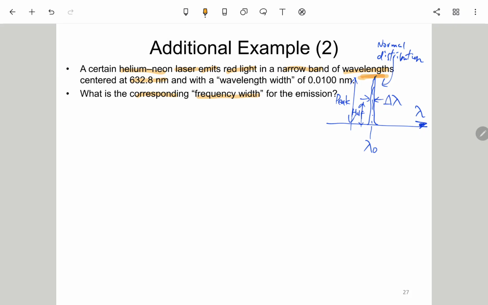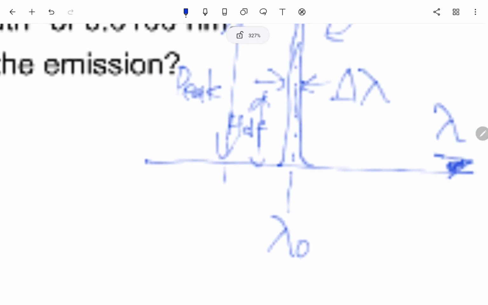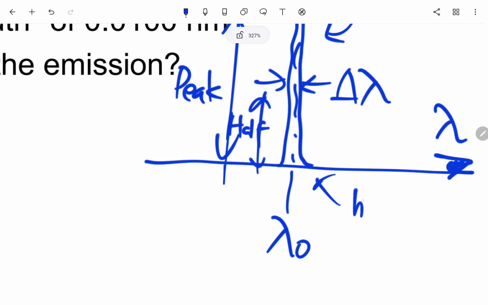Of course we know that as an EM wave, it should satisfy C equals F lambda. So this is like a histogram. For this one, we have a bar like this, we have a bar like that.